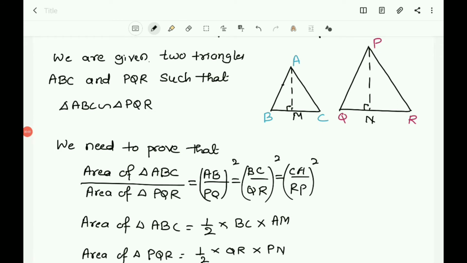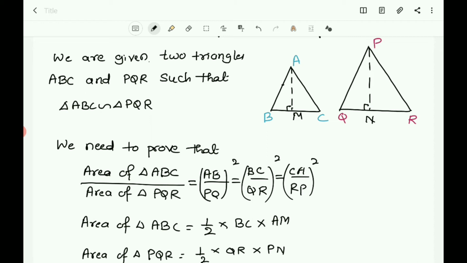Take triangles ABM and PQN and prove that they are similar. By using any one of the similarity criteria, you prove that triangle ABM and triangle PQN are similar triangles.